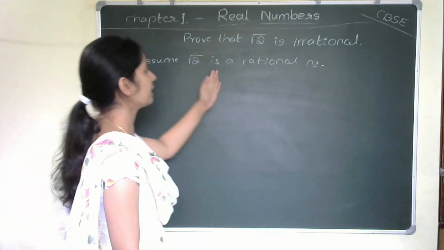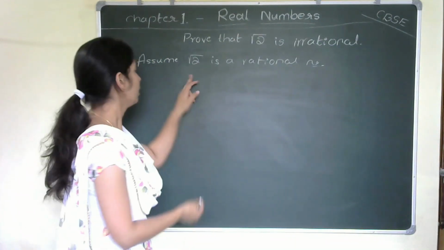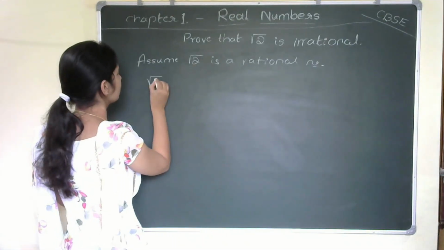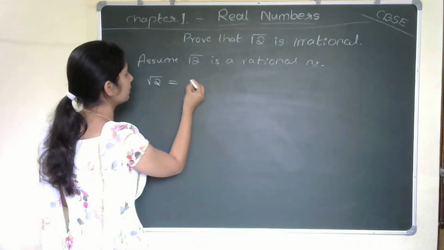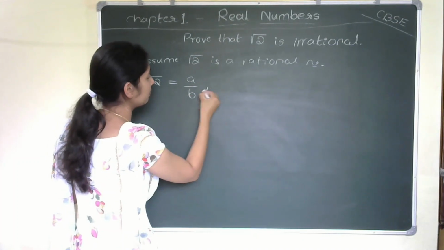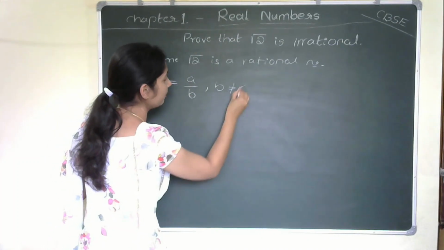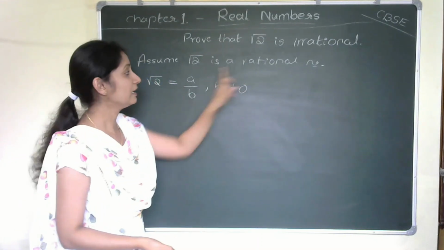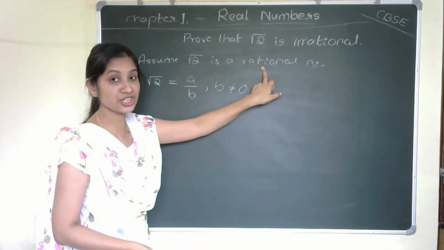Here also in this example we are assuming root 2 equals some number a by b where b is not equal to 0, because we are taking root 2 as a rational number.